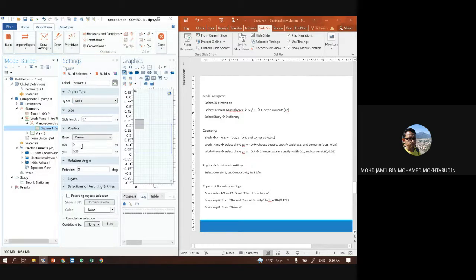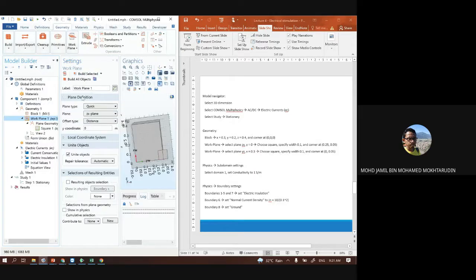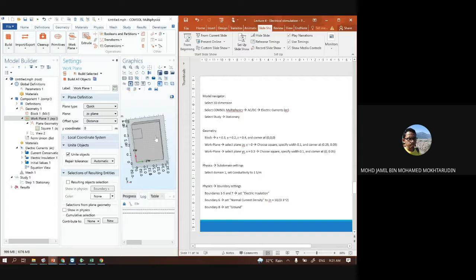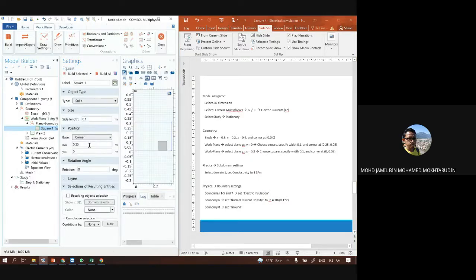Okay, so the instruction is wrong. So 0.25. And then we need to check again. And then we need to bring about 10 cm. So 10 cm.